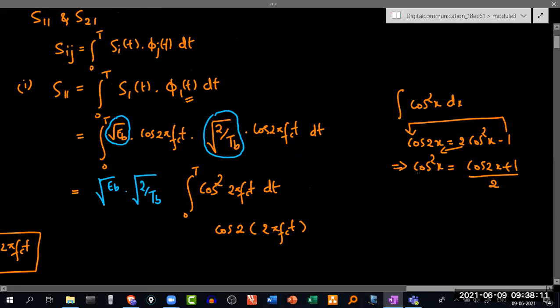So we'll make use of this trigonometric equation where cos square x can be thought of as equal to cos 2x plus 1 whole divided by 2. So let's make use of this equation and continue with the derivation over here. Here x can be mapped onto 2 pi FCT.